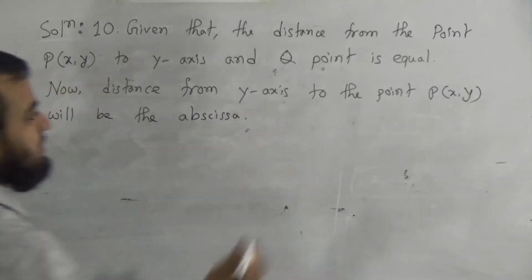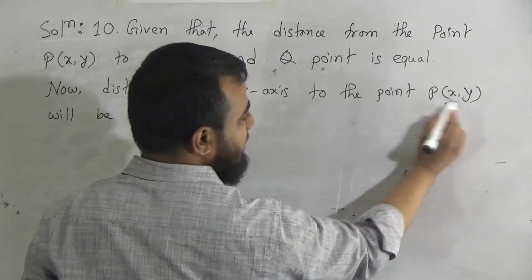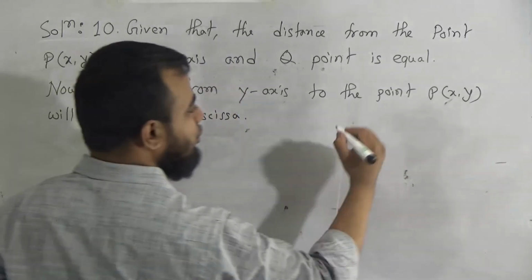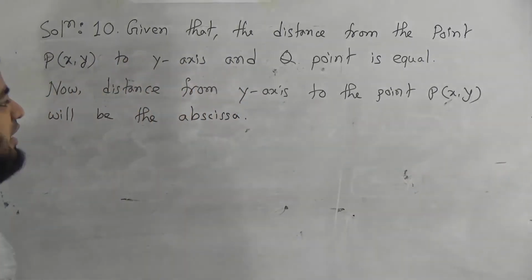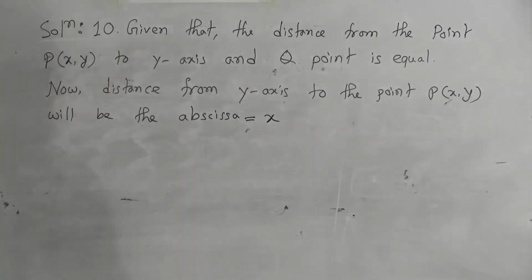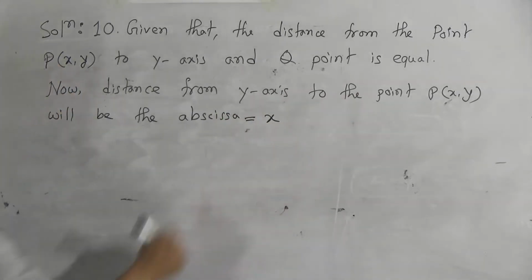Abscissa means x, and y is called ordinate. That means the distance from the y-axis to the point P will be x.